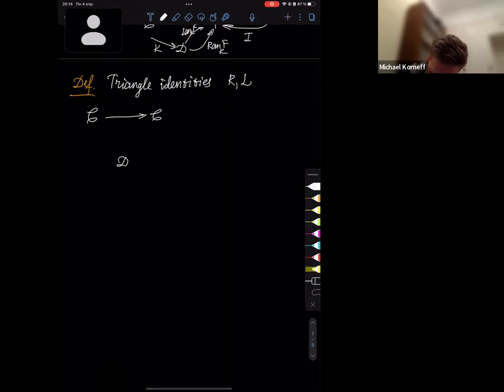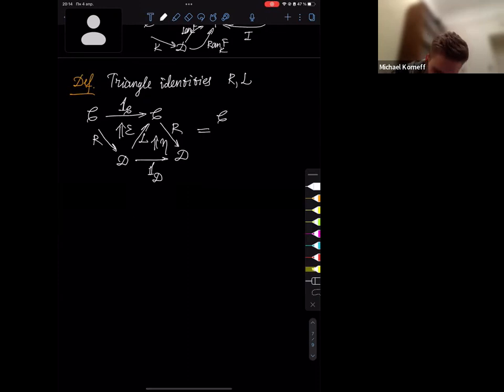We have this parallelogram, quadrilateral, with identity functor R, identity functor from D to D, and functor L, and the natural transformations eta, counit, and unit, and this one equals this one.